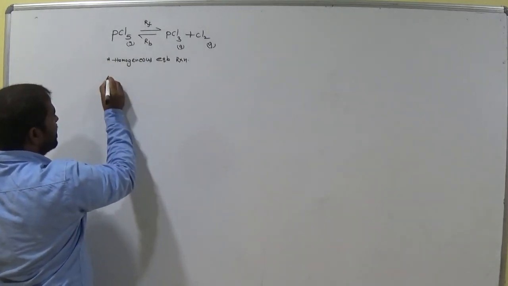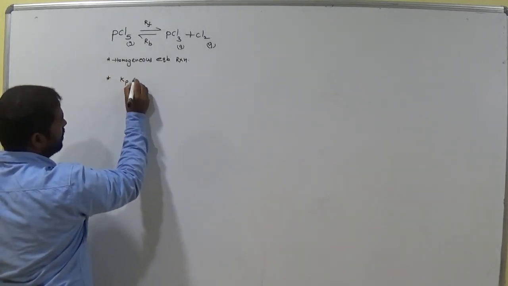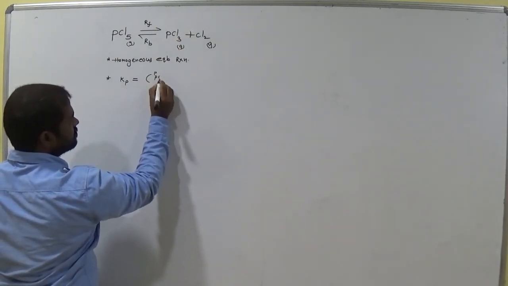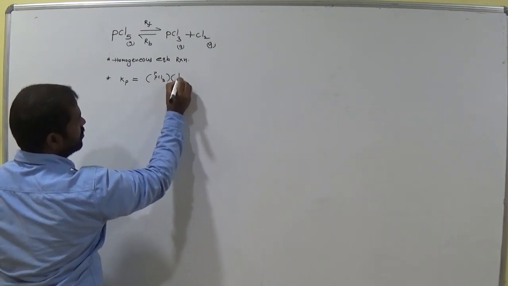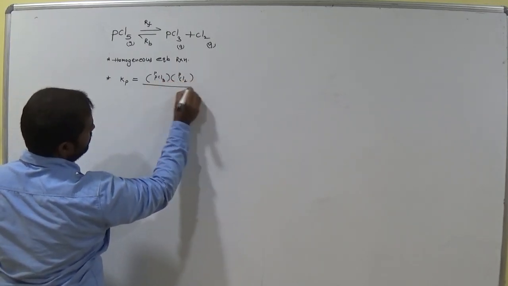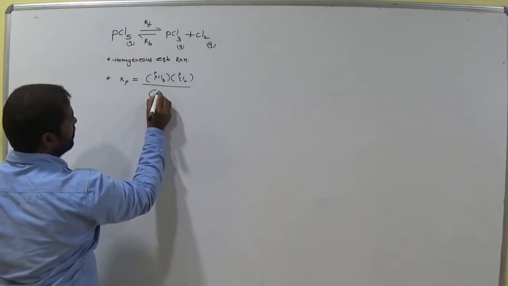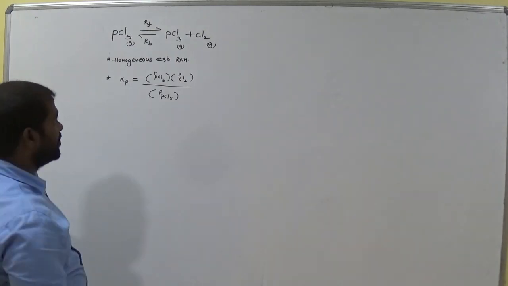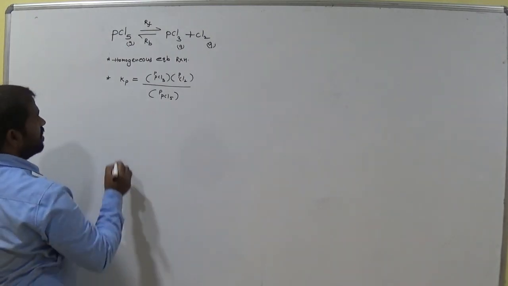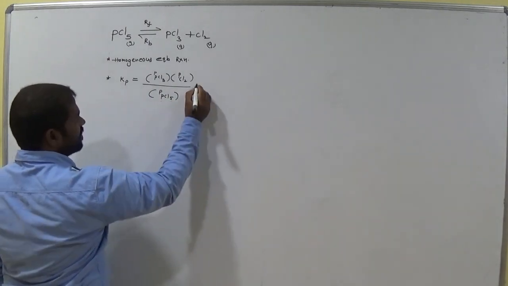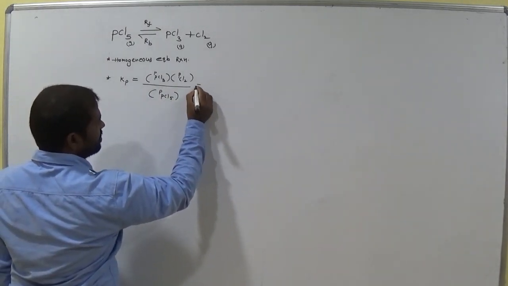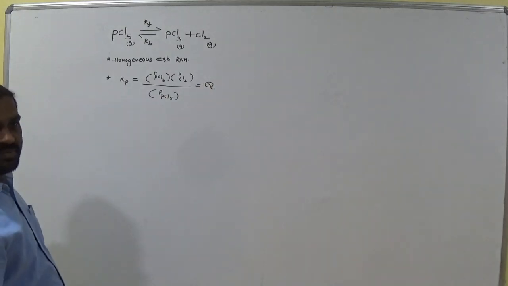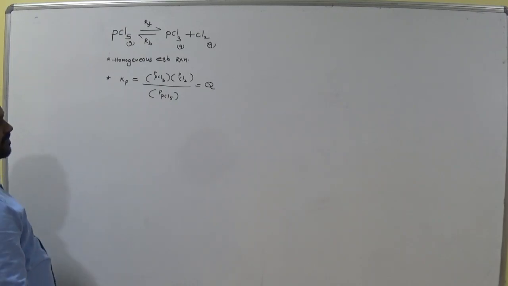So for this, what is the expression of Kp? Kp equals partial pressure of PCl3 into partial pressure of Cl2, divided by partial pressure of PCl5. This is the expression of Kp for the given equation, and Q also has nearly the same expression in terms of partial pressure. Is it clear?